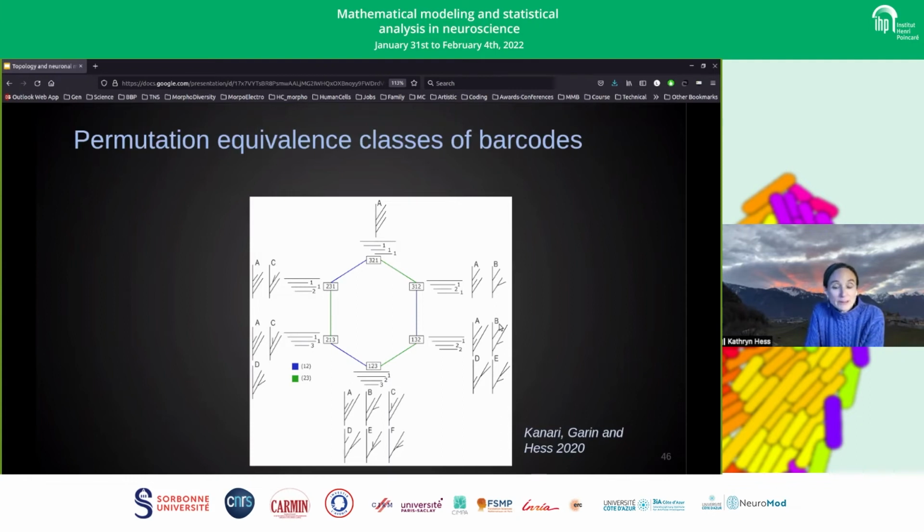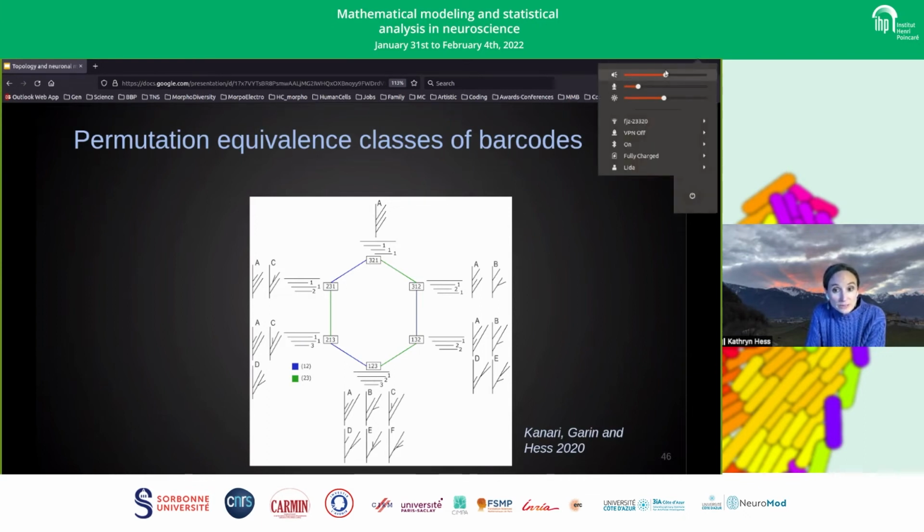Right, so if you think about a barcode, here we have a figure illustrating what we call the permutation equivalence classes of all barcodes with 4 bars. What we mean is that we've arranged all of these barcodes so that the birth times of the bars, the beginning point of each bar, are ordered increasingly.